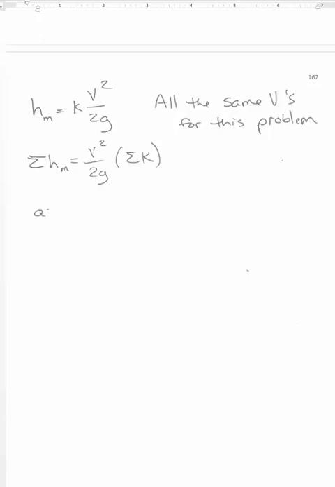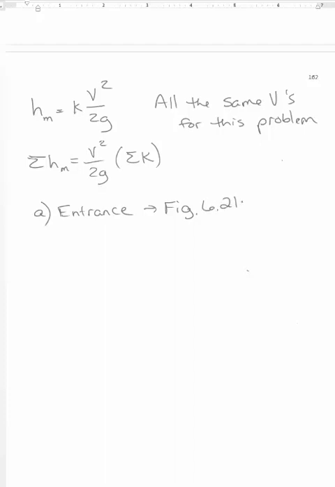But first of all, let's start with the entrance. That's A. And if I look in the book at figure 6.21, and you could pause the video and pull out your book if you don't have it out, that might be useful.